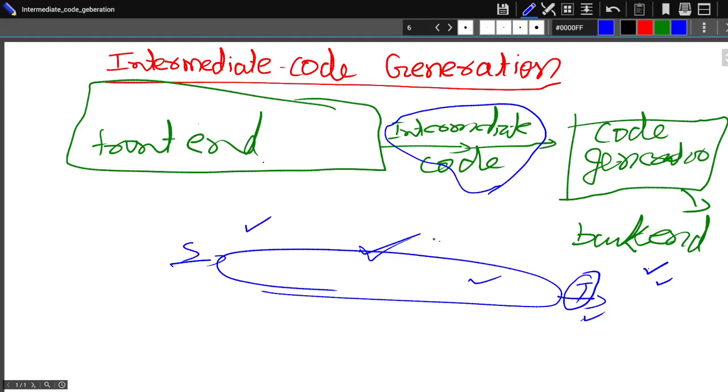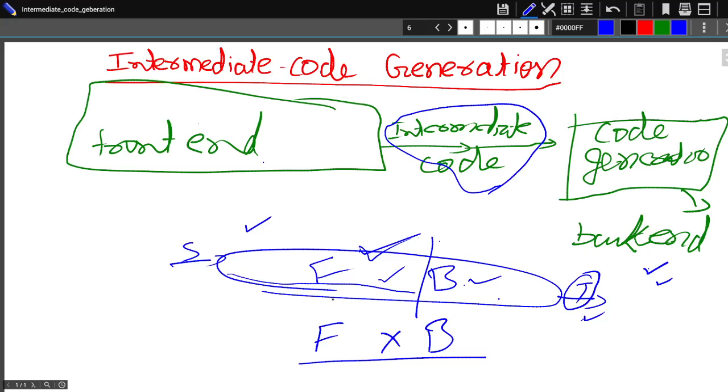However, if we divide it between front end and back end, we will write some set of front ends and only some set of back ends dependent on the machines, right? So if f is the number of front ends written and b is the number of back ends written, we will get a total of f into b compilers.